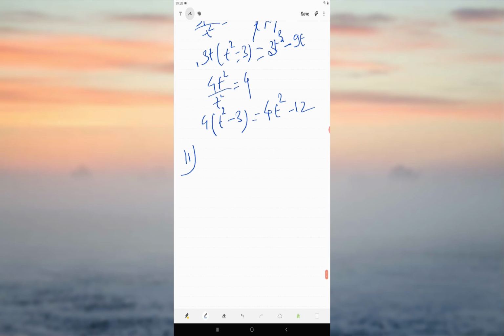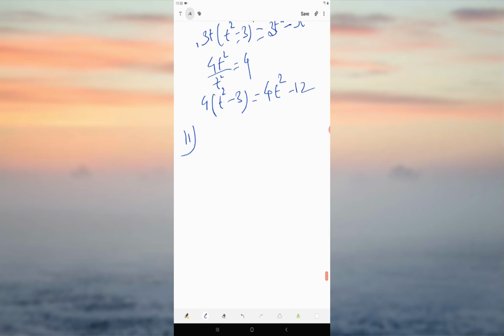Okay, so let's do the second problem. He's asking about the polynomial 3x⁴ plus 5x³ minus 7x² plus 2x plus 2, and the divisor is x² plus 3x plus 1. I'm not going to divide each and every time, because I know what the division should be and it will take a lot of time.